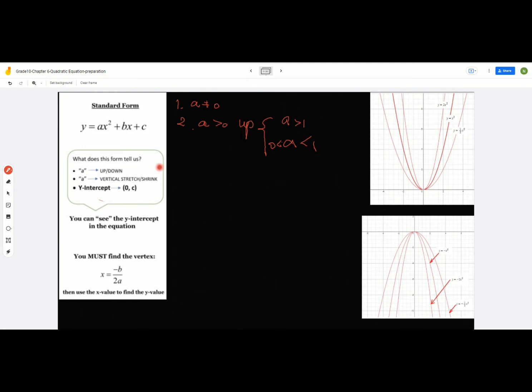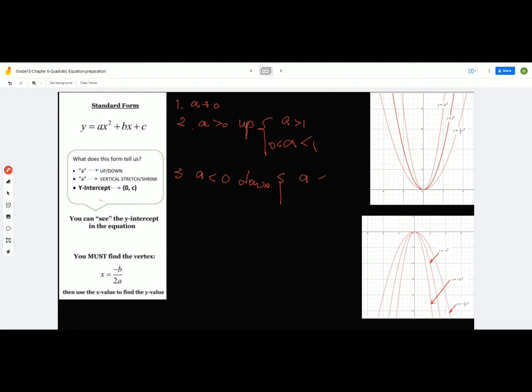Next, let's talk about a less than 0. The inside parabola is y equals negative 2x squared, and the outside one is y equals negative 1 over 2 x squared. The a values, negative 1, negative 2, negative 1 over 2, are all less than 0, so the parabola opens downward.